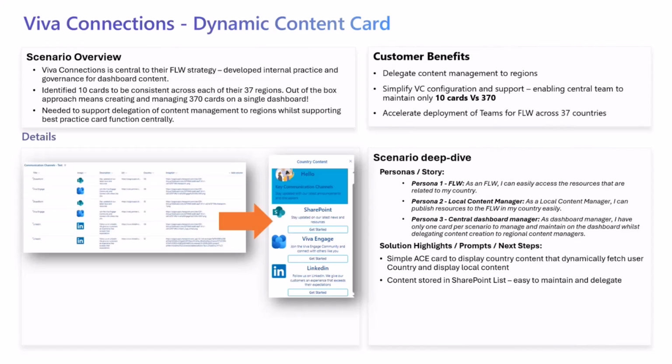On top of that, you don't want to put the burden of maintaining the solution and the content on the SharePoint admin, and you want to delegate that to the local manager.